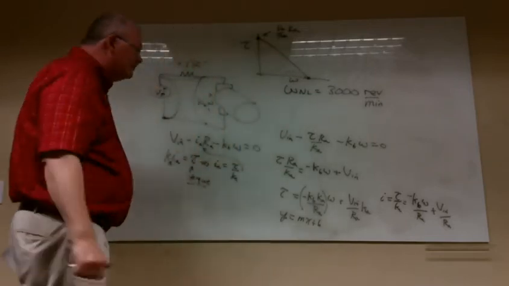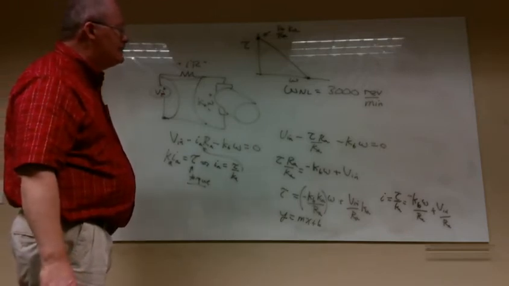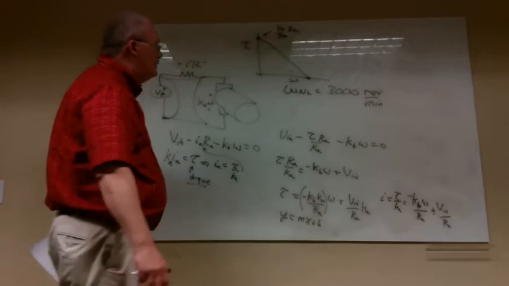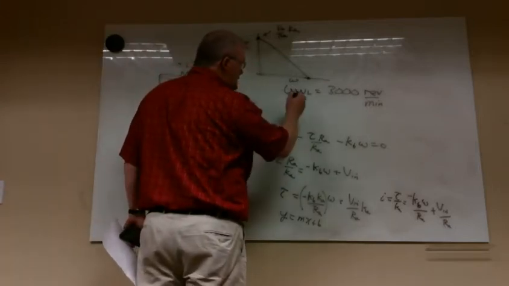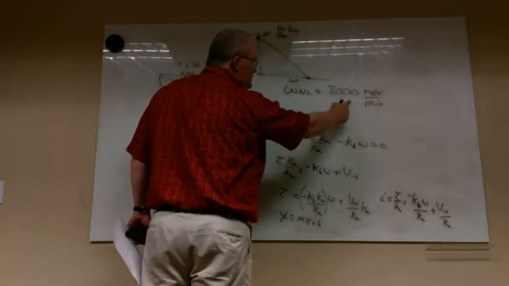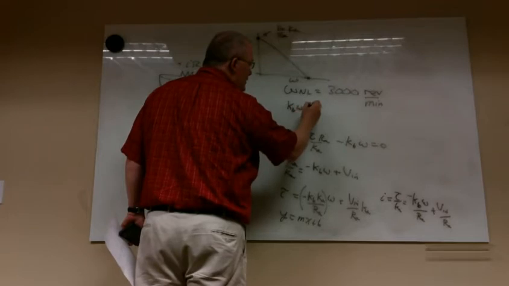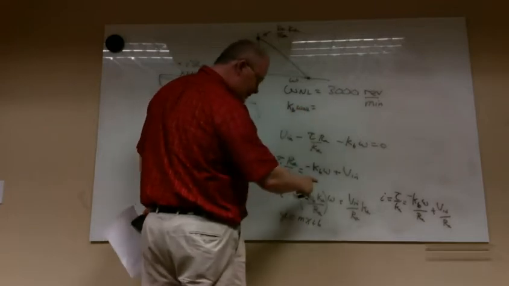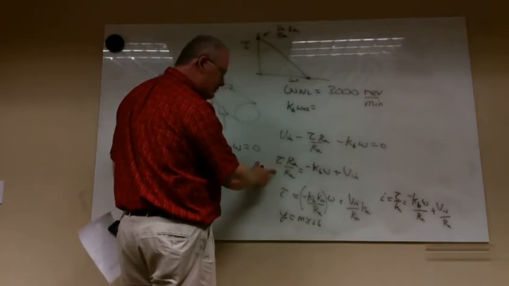So if we get that curve, we have a number of relations we can use to backtrack and figure out what's what. One of them is this. If omega no load is 3,000 rounds per minute, Kb times omega no load is the voltage. Let's take a look at this equation.